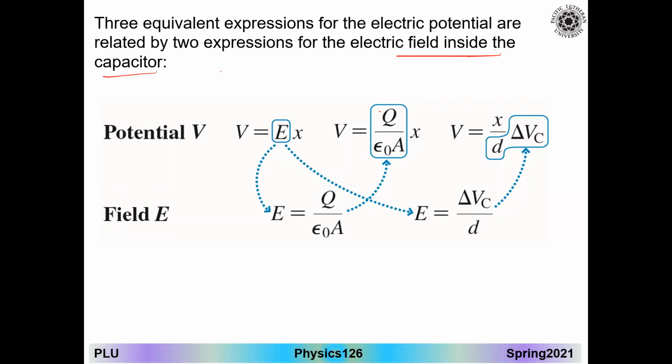For example, the charges located on the two plates, the cross-section area of the plates, and the distance between the plates, which we call X or D. That combination of parameters governs the relation between the potential in volts and the electric field, so you can find any one based on what you have.